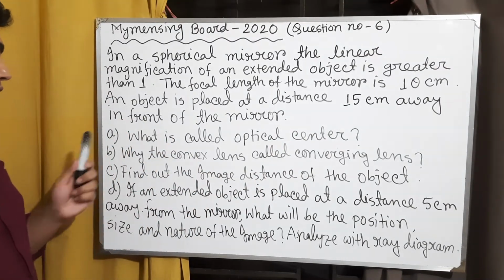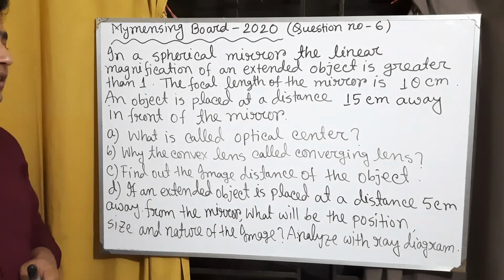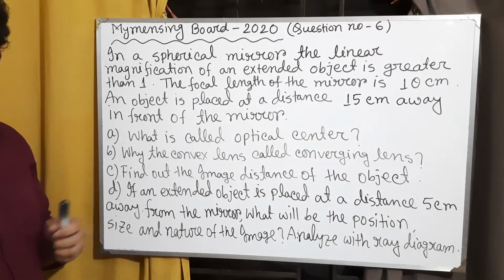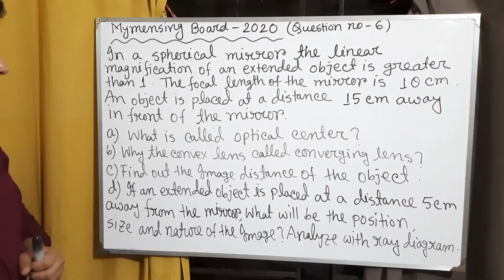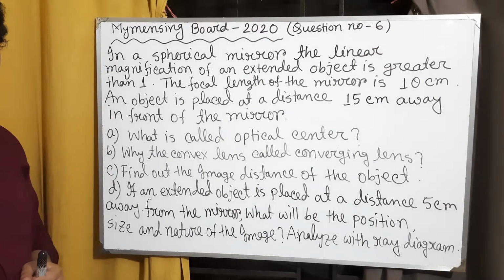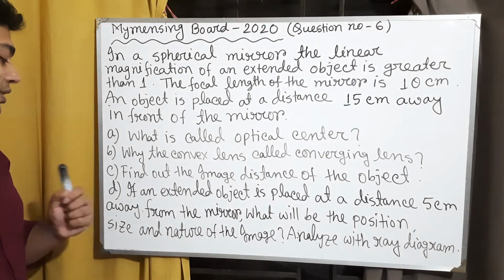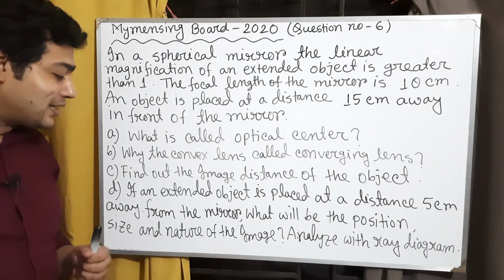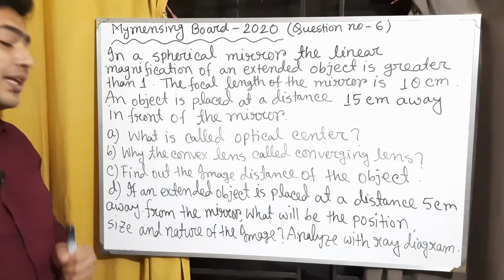The questions are: question A, what is called optical center? Question B, why is the convex lens called converging lens? Question C, find out the image distance of the object.